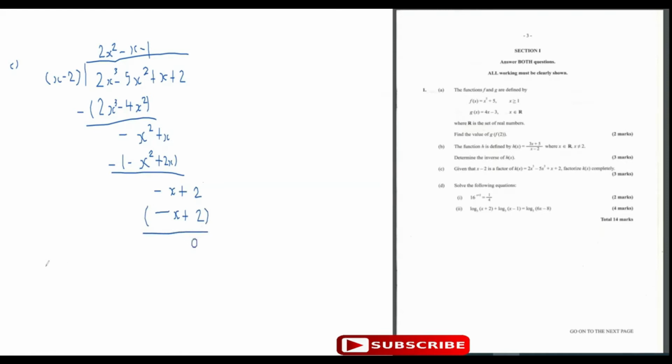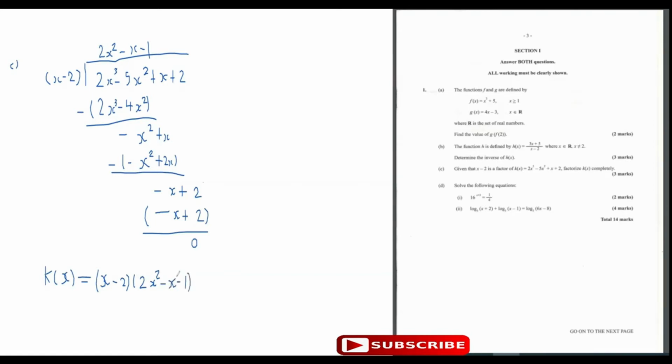So pretty much we can write that k of x is going to be equal to x minus 2 being multiplied by 2x squared minus x minus 1.